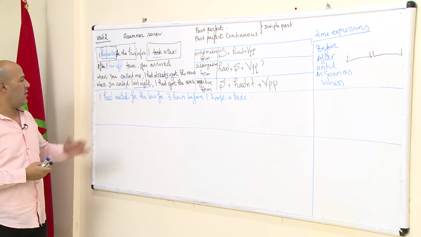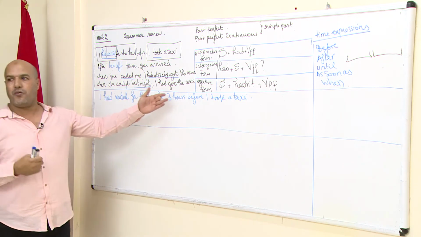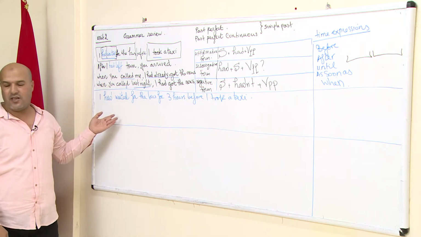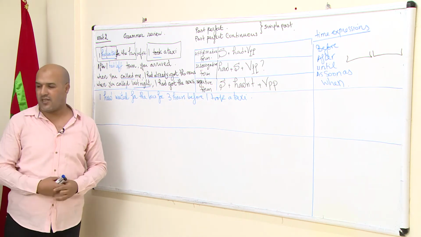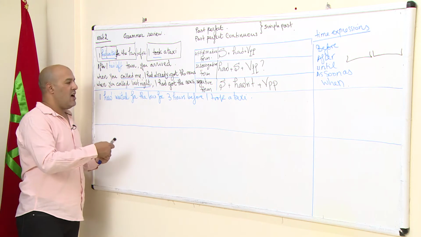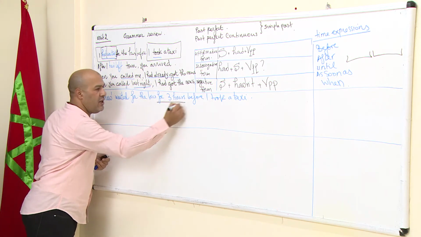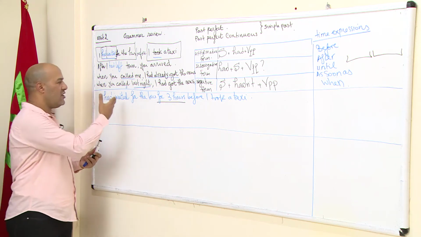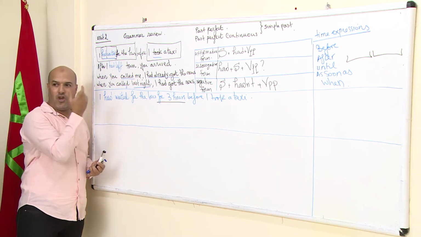Imagine I wrote, I had waited for the bus for 3 hours before I took a taxi. I will have a problem with this sentence. It will not be accepted somehow because I said for 3 hours. Here I specify the duration of the action. That means the action is long. It's not a short action.